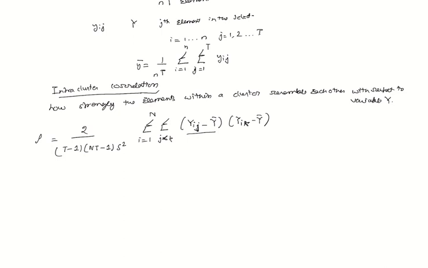Obviously, when clusters are homogeneous within, rho is going to be more than 0. If variability within the cluster is more than variability across clusters, then rho is going to be less than 0, which is what we want.